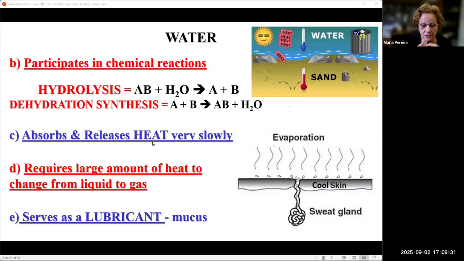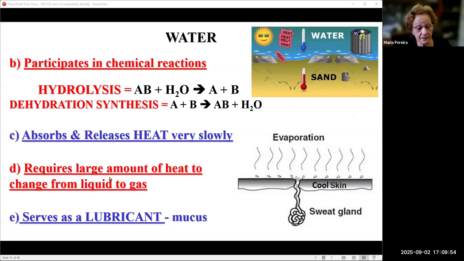The same thing happens in our body. We need water to absorb the heat. And also, the release of water is used to lower the temperature. So when we sweat, the water, which is a component of the sweat, evaporates.